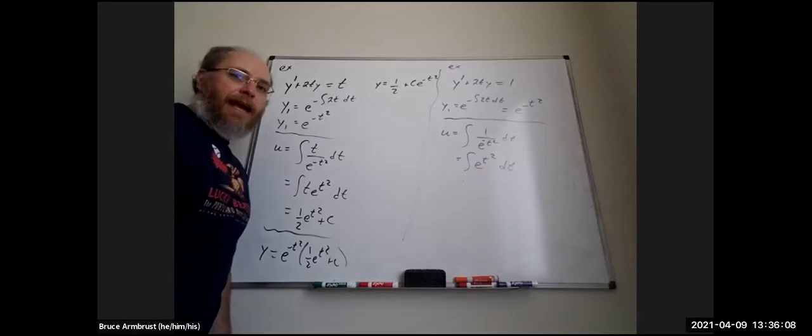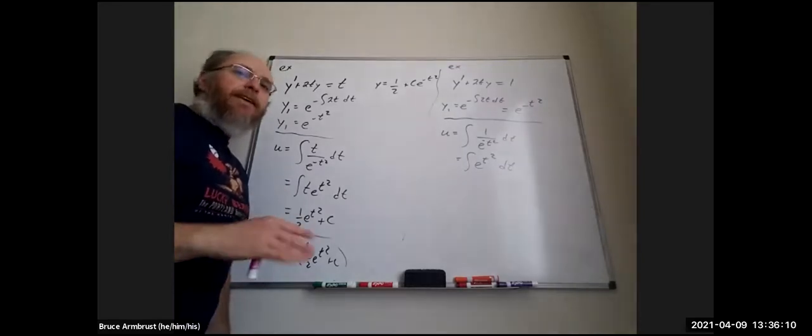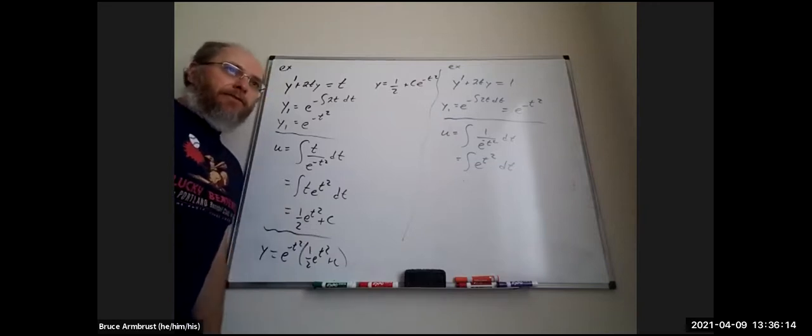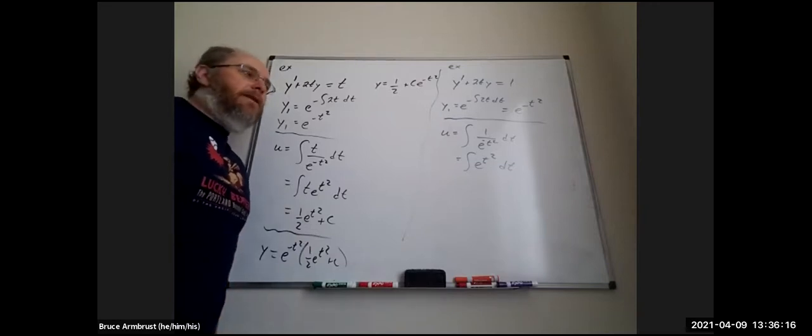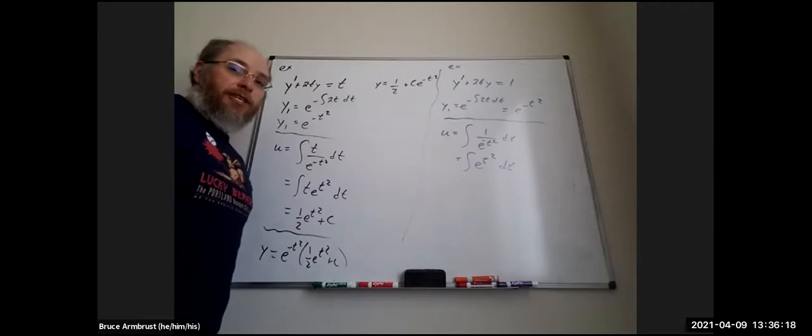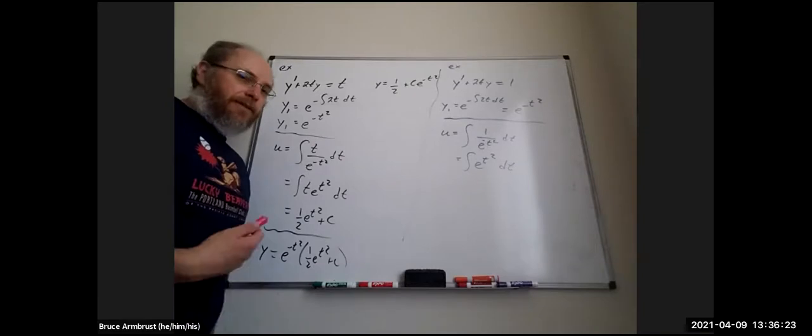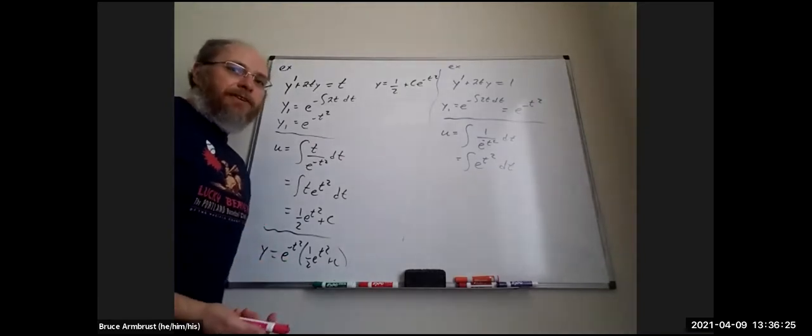Every single one of them has a solution. We'll actually prove that later when we talk about existence and uniqueness of solutions. But there is a solution. It's just not a nice function. It's not one of the ones that we run into when we're learning calculus.